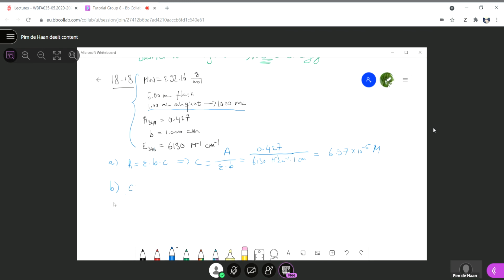So the concentration in the flask is 10 divided by 1 times 6.97 times 10 to the minus 5 molar, equals 6.97 times 10 to the minus 4 molar, 10 times higher.